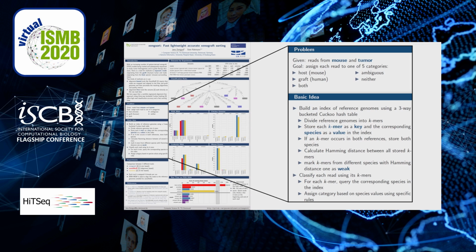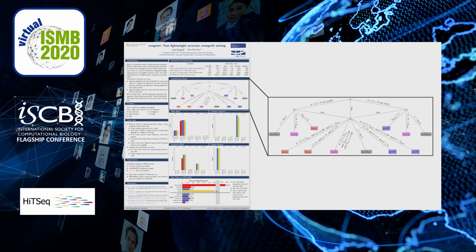After we build our index, we want to classify each read, and to do this, we divide it also into k-mers. And for each k-mer we query the corresponding species in the index. After we did this, we assign a category based on the species values, and to do this we use specific rules. These rules are shown as a decision tree on the top right. We start with an easy decision.